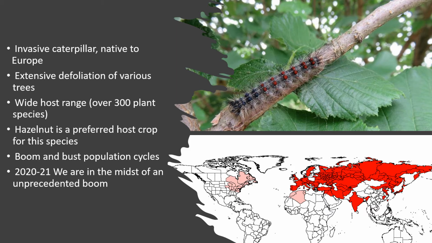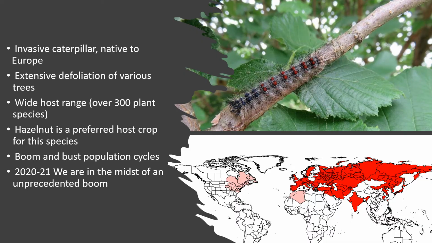The problem for hazelnuts is that in the last couple of years, since 2019-2020, we have been in the midst of an unprecedented boom in Ontario. So the highest numbers of acreage infested in Ontario since gypsy moth first started appearing here in the 1960s. And unfortunately, this has coincided with a large amount of planting of hazelnut orchards. So you have huge populations of gypsy moths with a lot of young hazelnut trees that can't tolerate a lot of defoliation.